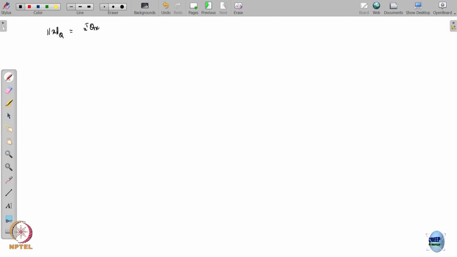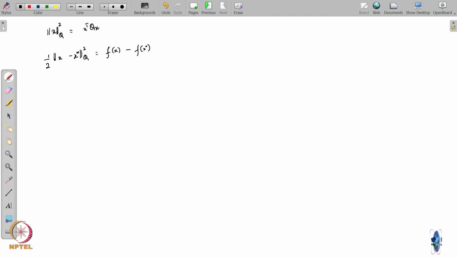This is effectively a skewed or tilted norm, where I am taking the weighting matrix as Q. It is very easy to show that the squared Q norm of x minus x star is nothing but f of x minus f of x star.